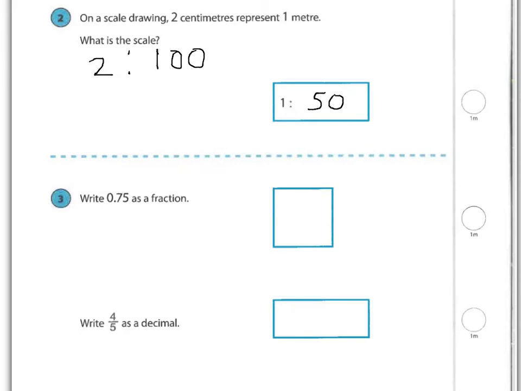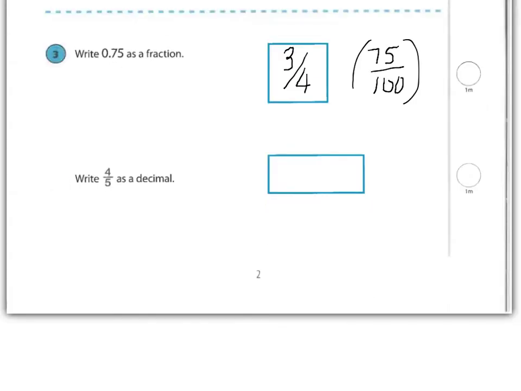Question 3. Write 0.75 as a fraction. Well, I would hope that you would recognize 0.75 as being 3/4, but other answers that are equivalent to 3/4 would be accepted, and the most popular alternative answer could be 75 over 100. Both perfectly acceptable answers. The second part of this question says write 4/5 as a decimal.